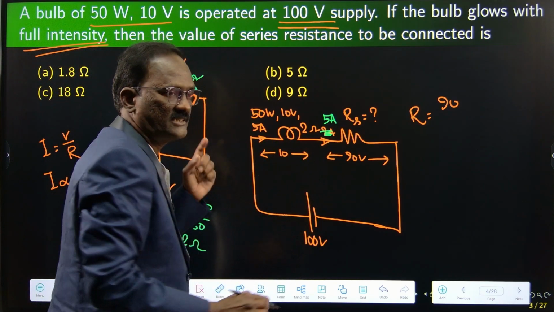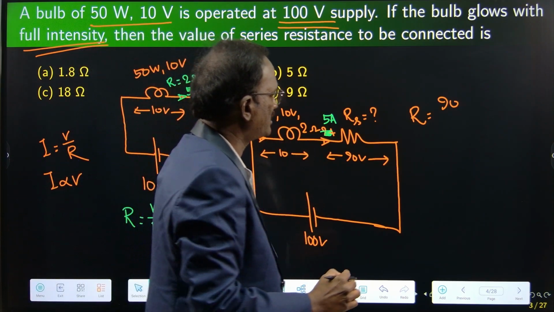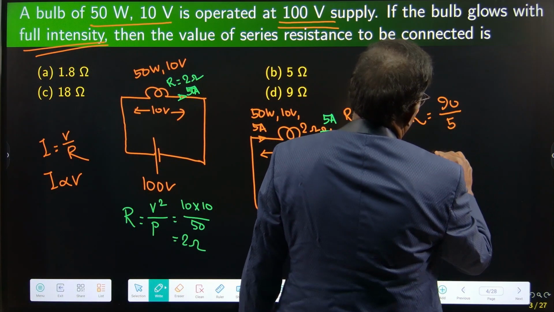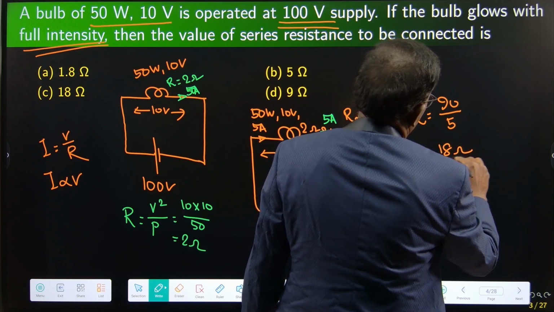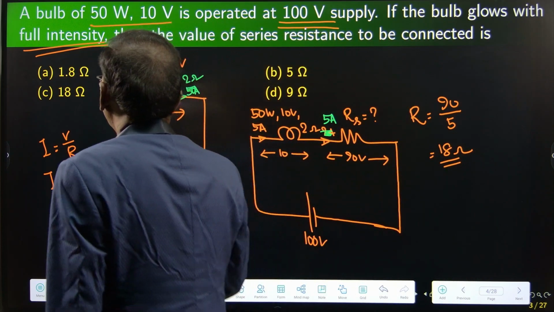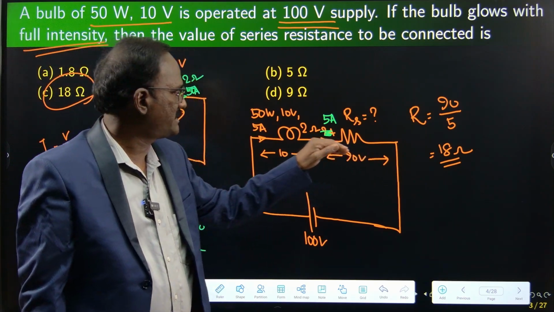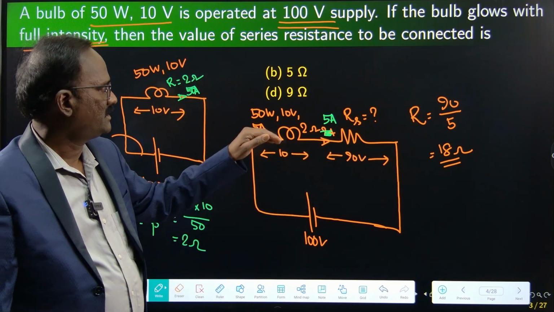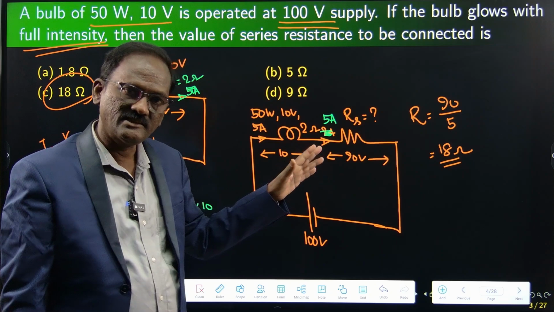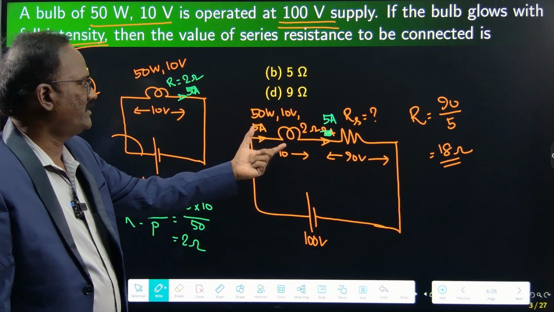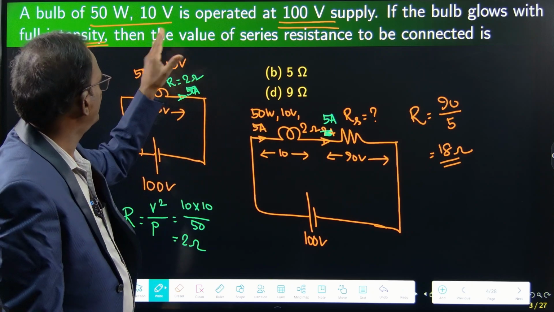In a series circuit, the same 5 ampere current is flowing through the resistance also. So 90 divided by 5 amperes is 18 ohms. So we have to connect an 18 ohm resistance in series with the bulb. Then the bulb will be safe. We can easily get the full intensity because 50 watts will be the power consumption of the bulb.